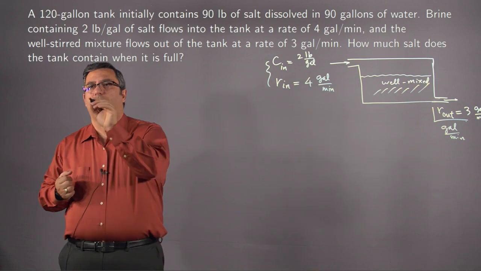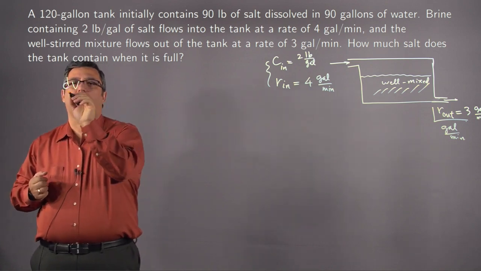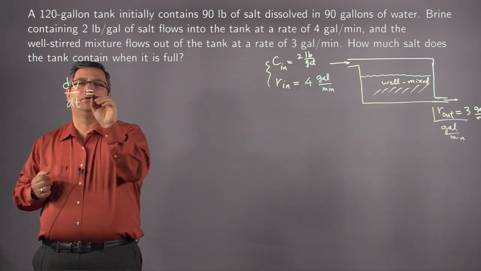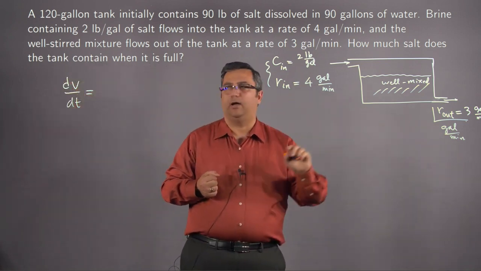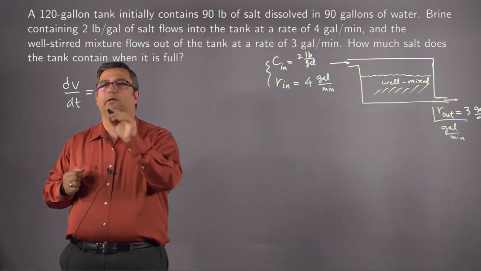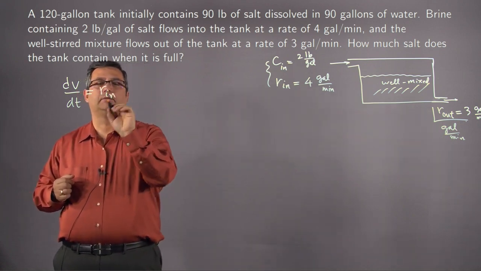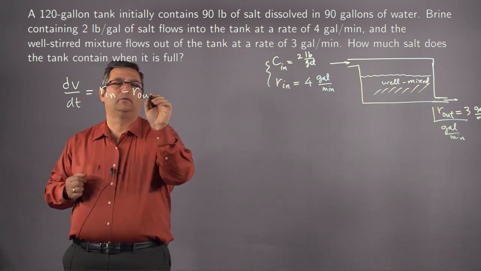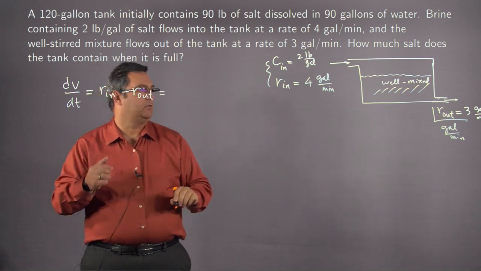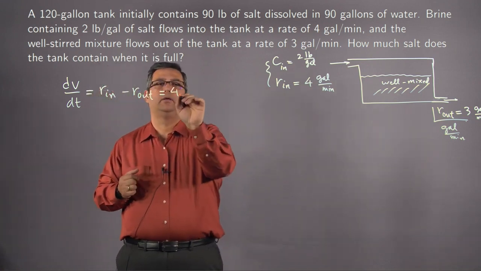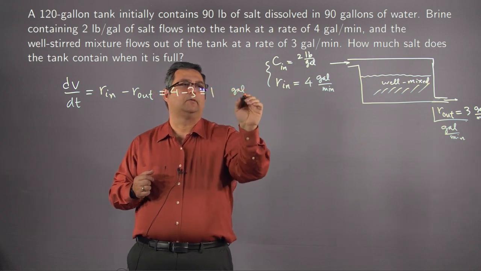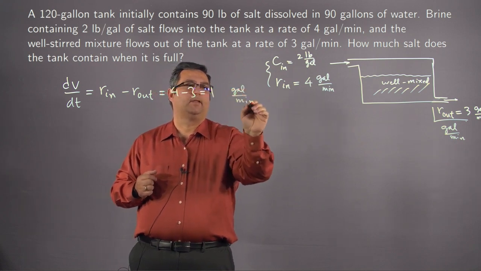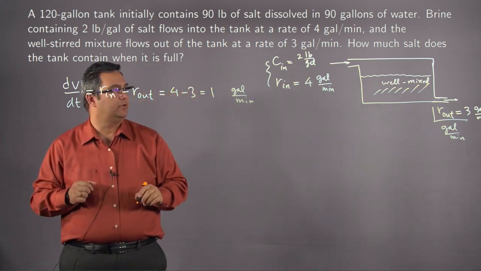immediately the equation for volume. The rate of change of volume is going to be R in minus R out. This is conservation of mass. And in this case, it's going to be a constant value of 4 minus 3, which is 1 gallon per minute. That's the rate of change of volume.